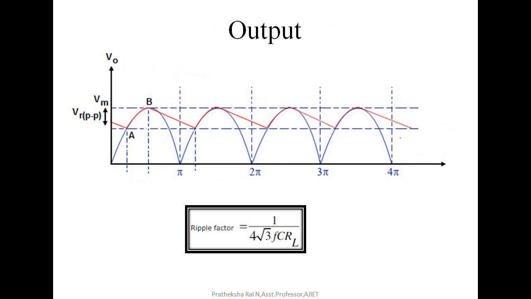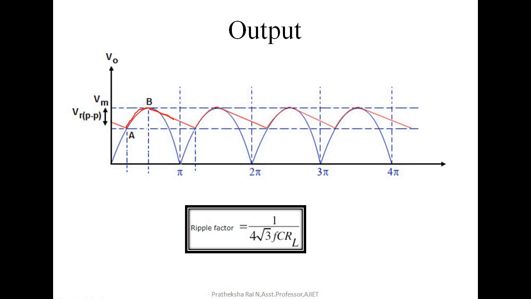Okay, if you see the output waveform here, for the positive half cycle the capacitor starts charging, till what point? Till this A to B charging time, Tc. And once the output falls below Vm, the capacitor starts discharging.